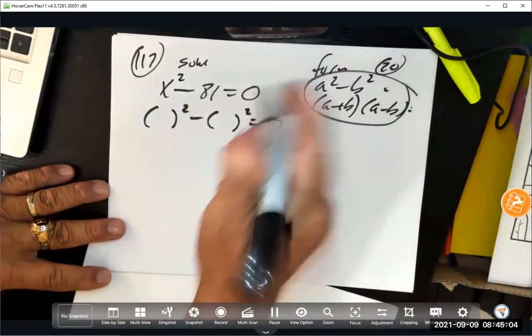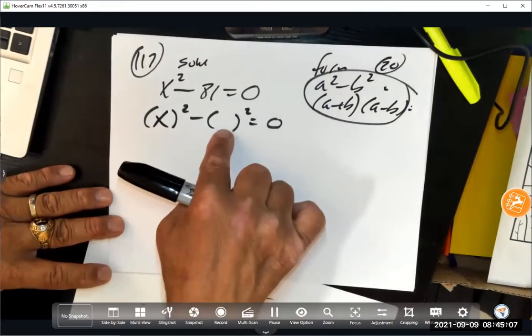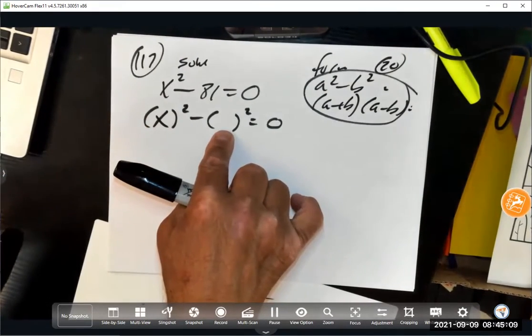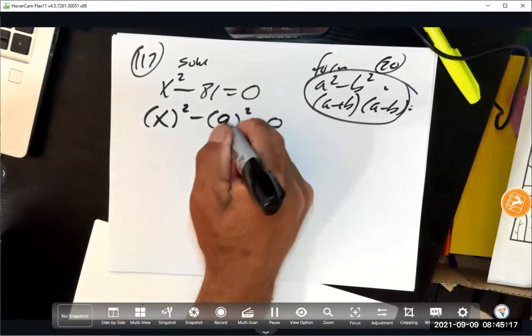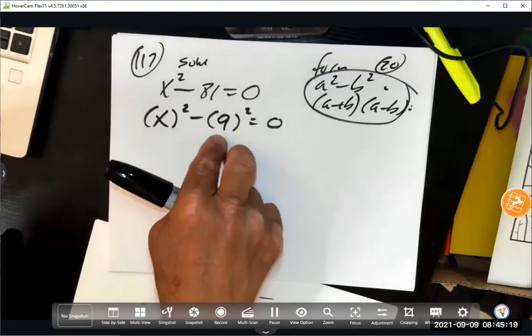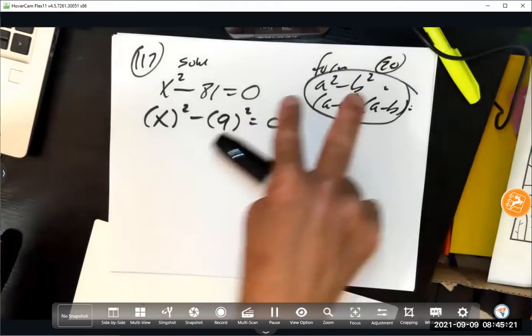X. What about the second one? What times what is 81? Same number twice. 9. 9 times 9, is that right? Is 9 times 9 81? Yes. So this looks like that one.